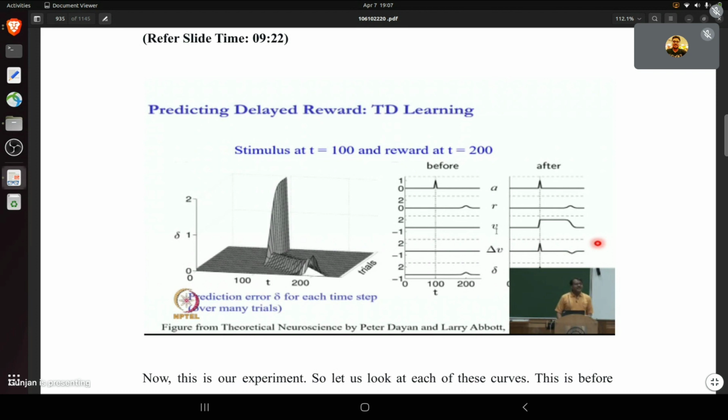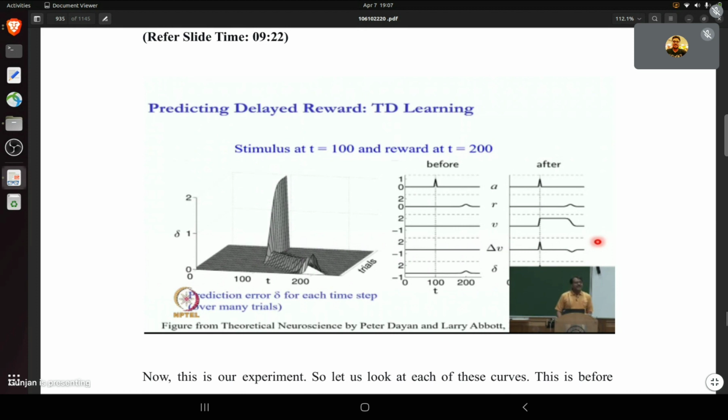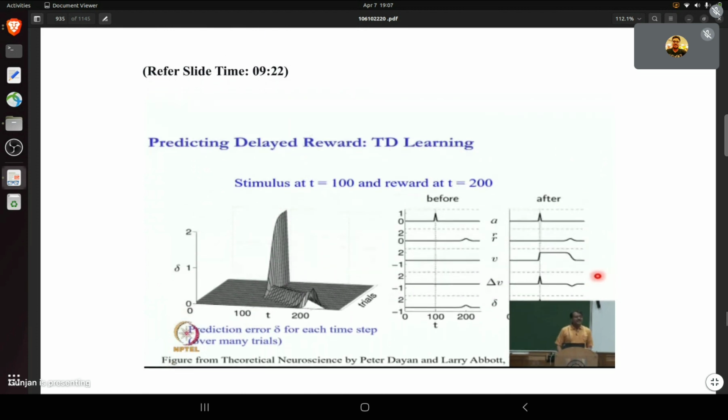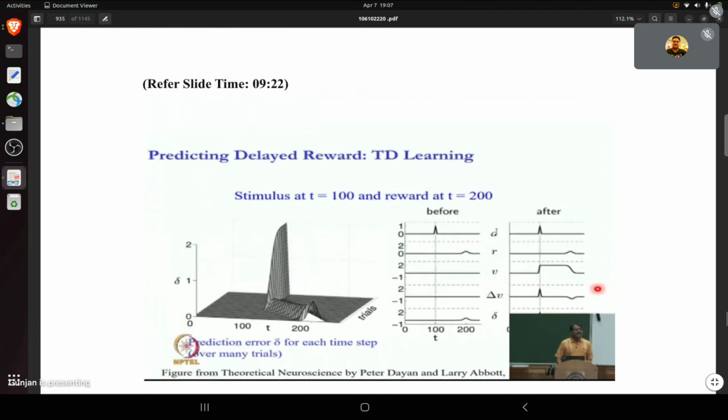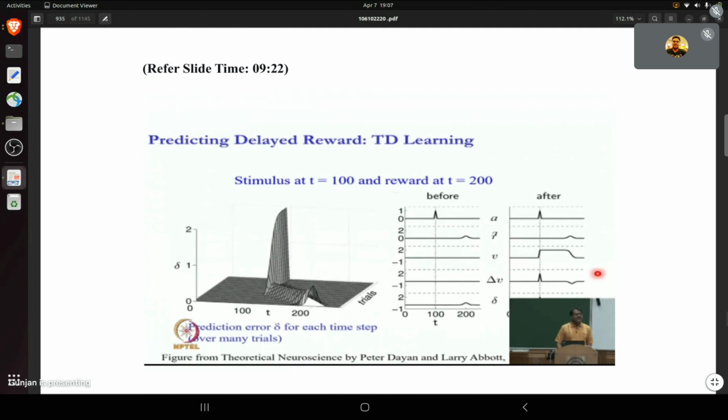So how did you get delta V? Delta V is the differentiation of V with respect to time. Okay, but my issue is that this Latin delta was defined in the previous slide.